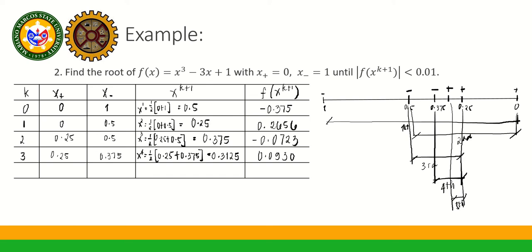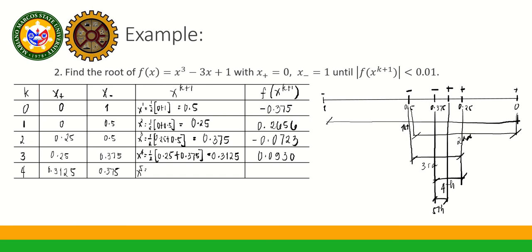So we still proceed. So for k is equal to 4, our x positive will be, this is our first interval. Not here, actually. Here. Okay. So our next x positive is equal to 0.3125, and our x negative is 0.375.